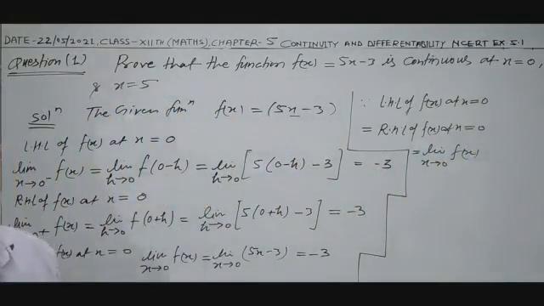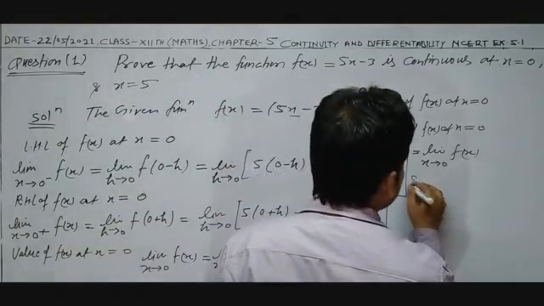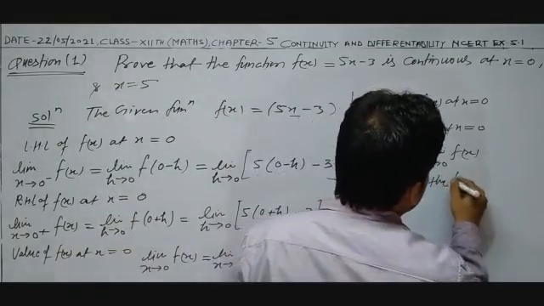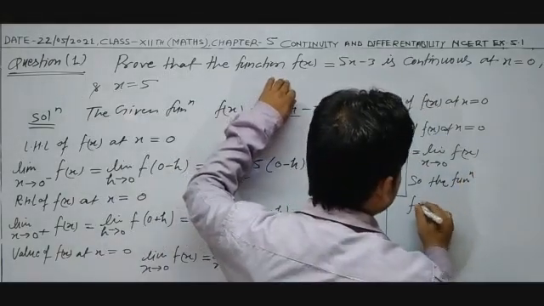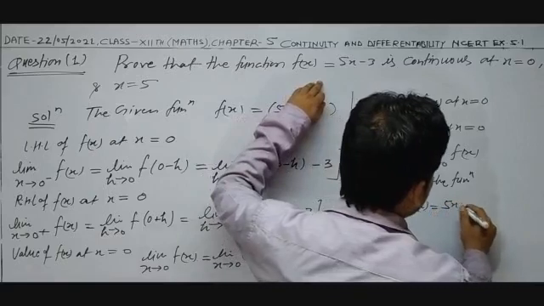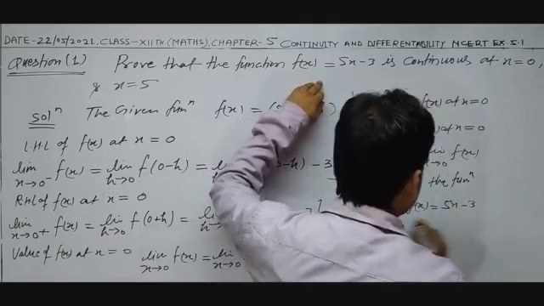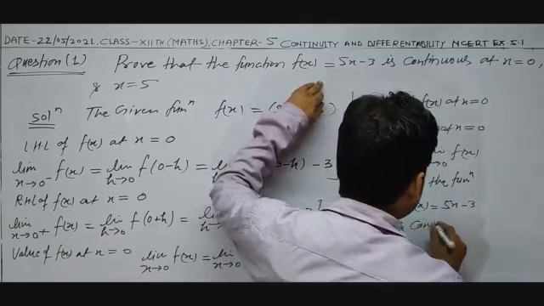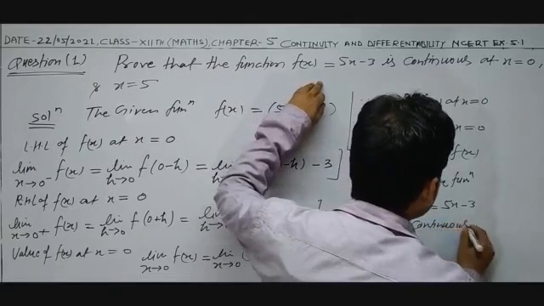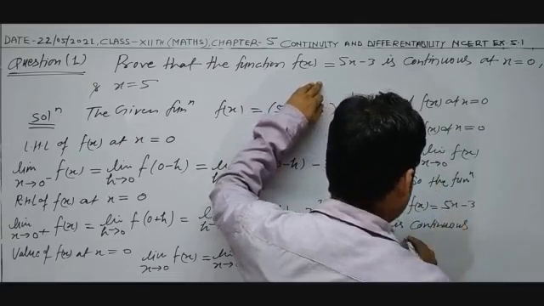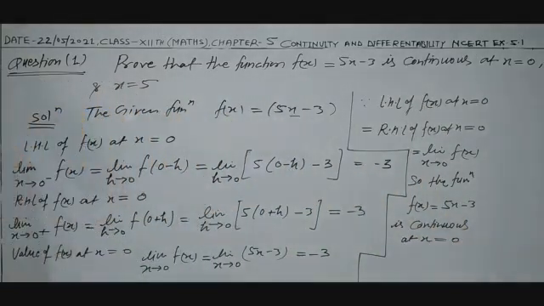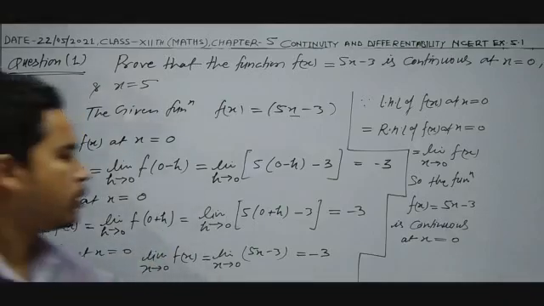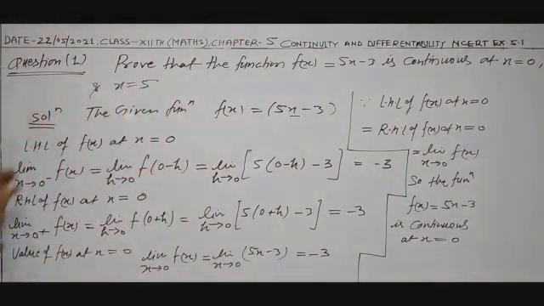So the function is continuous. So the function f(x) is equal to 5x minus 3 is continuous at x is equal to 0. Function is continuous at x is equal to 0. So this is our proof.